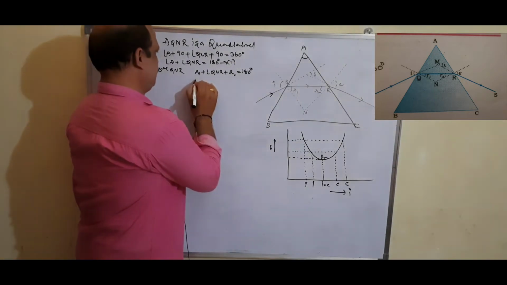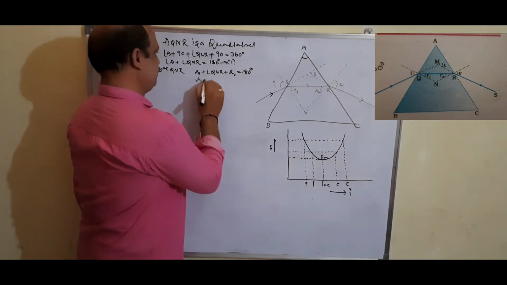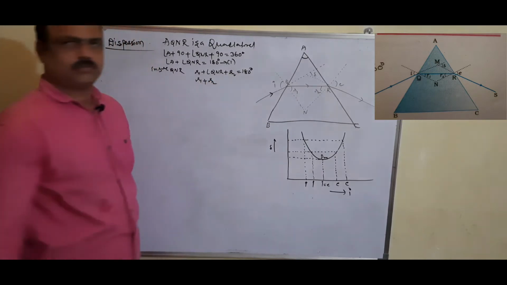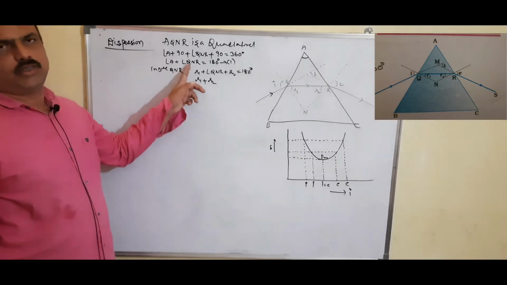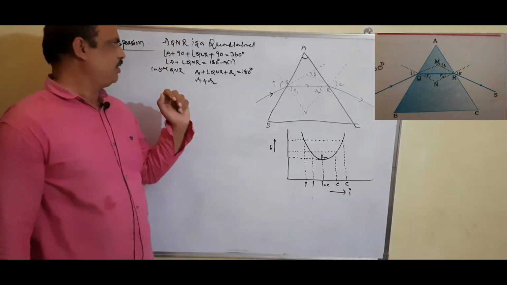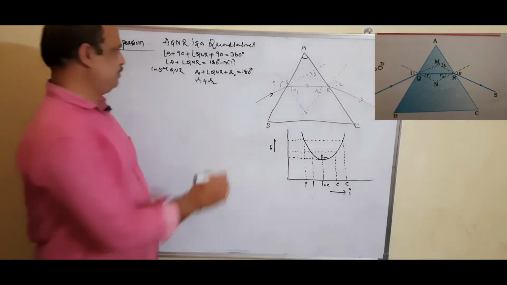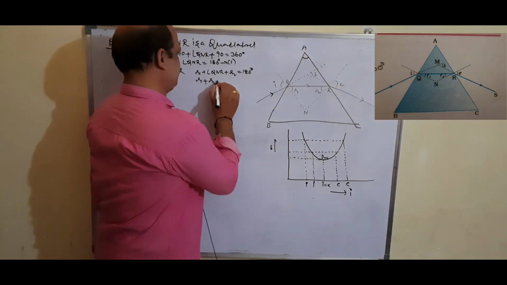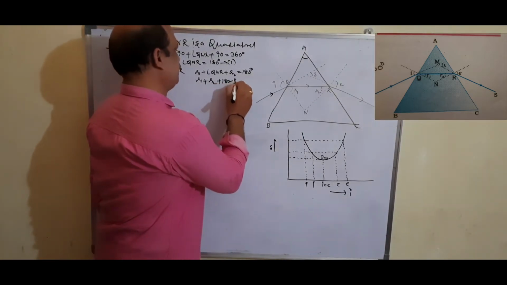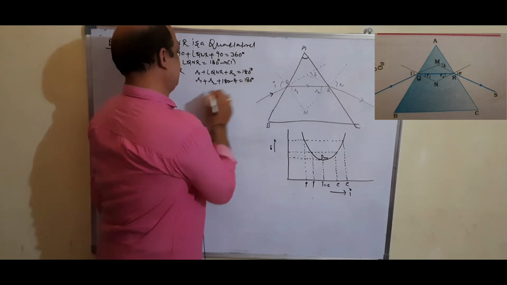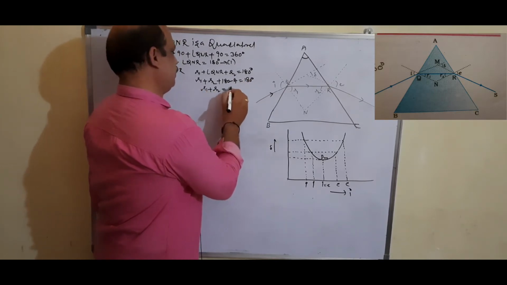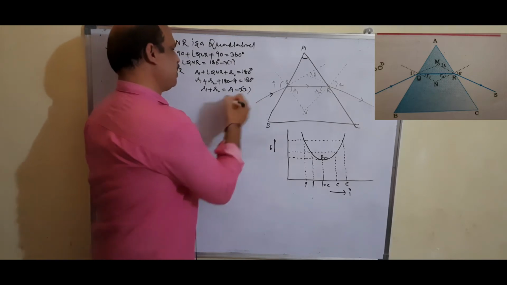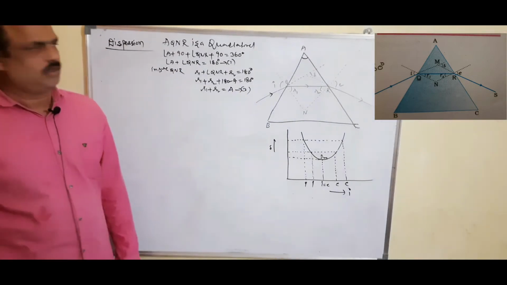Angle QNR is equal to, from equation 1, 180 minus A. So R1 plus R2 plus 180 minus A is equal to 180 degrees. So R1 plus R2 is equal to A. This is equation 2.